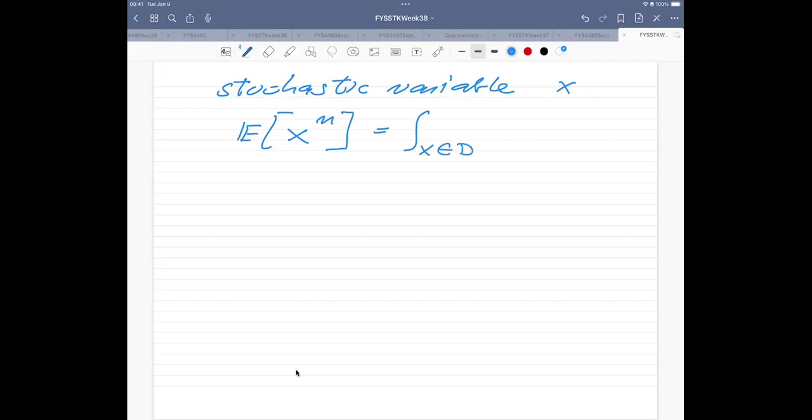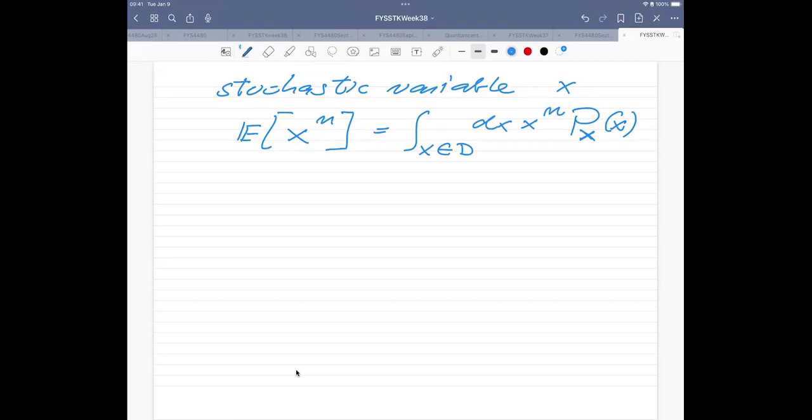So x is normally a real variable. And then we have dx, the integral, we have x to the power of n, and then we have a probability distribution, which we use. So this x follows a probability distribution p of x, okay?